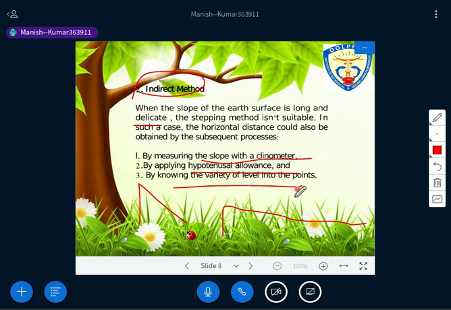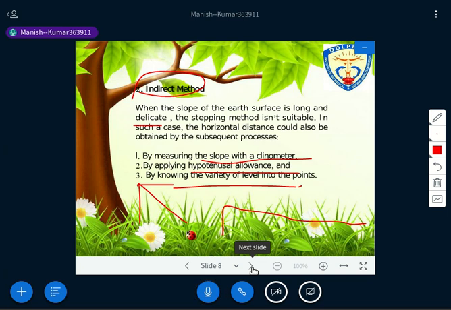In this third point I would like to discuss some concepts, but if you are unable to understand, you have to wait for one more lesson, that is the lesson on levelling. Levelling is one instrument that is used in the third method. I will explain all this aspect, but if you are missing some point, don't get disturbed when I discuss levelling. So again I come back to this method to explain to you, right?